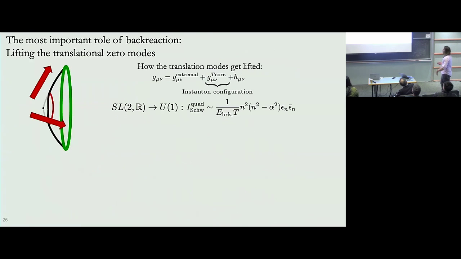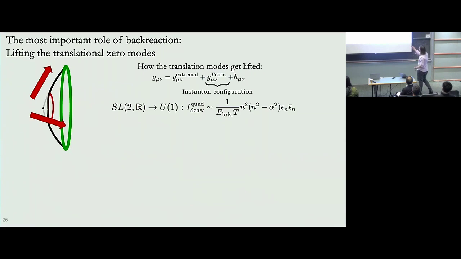Okay, so the action itself doesn't get changed much. The most important role of this back reaction, as I hinted at earlier, is to lift these translational zero modes. So we can again look at the perturbations of the metric, now fluctuating around the instanton configuration.